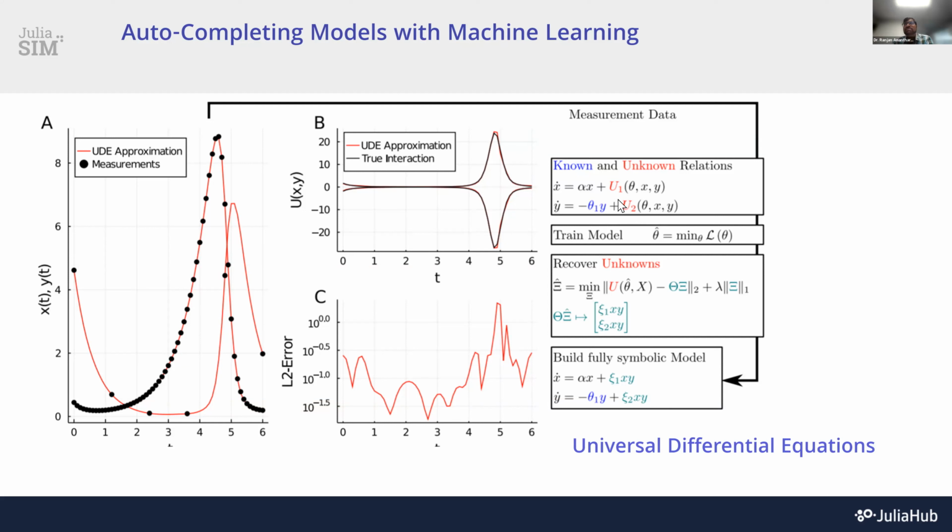Universal differential equations is a way to take your model, augment it with neural network terms, and then essentially run a parameter estimation algorithm where the parameters that you're optimizing for are the neural network parameters, right? That's basically a summary of the algorithm.